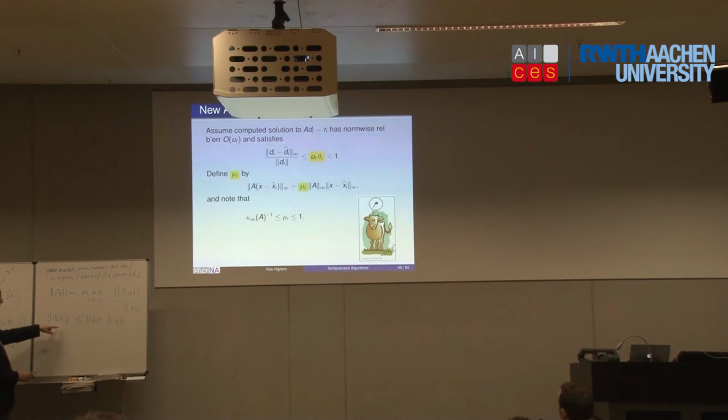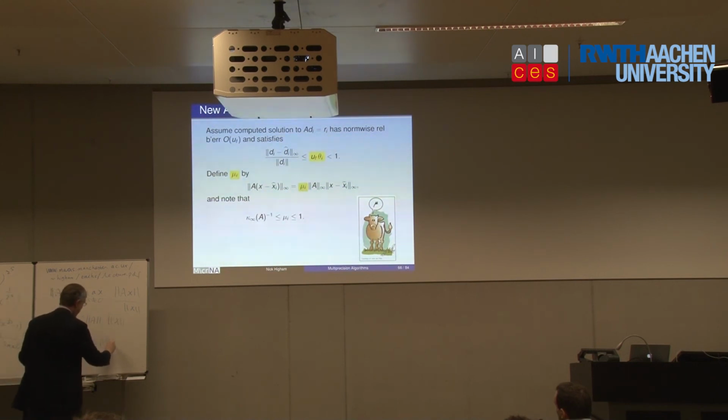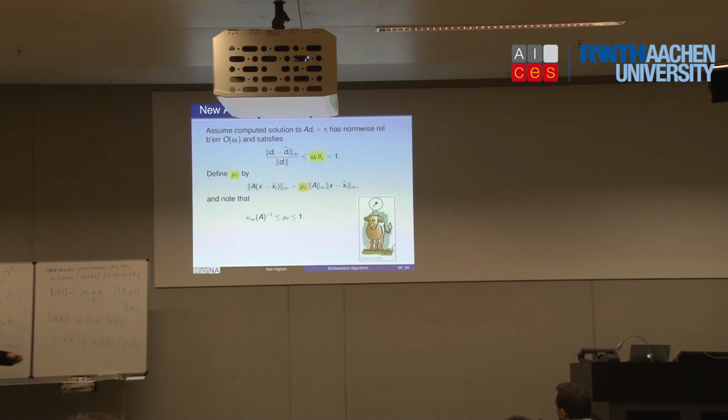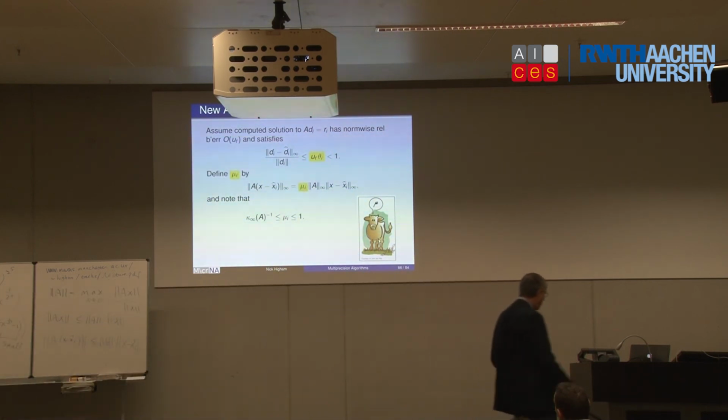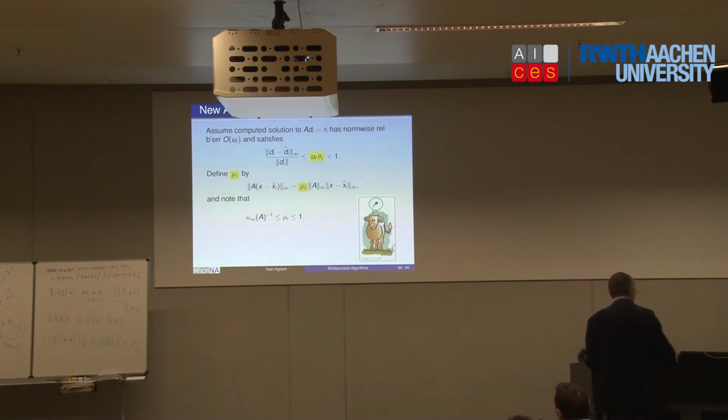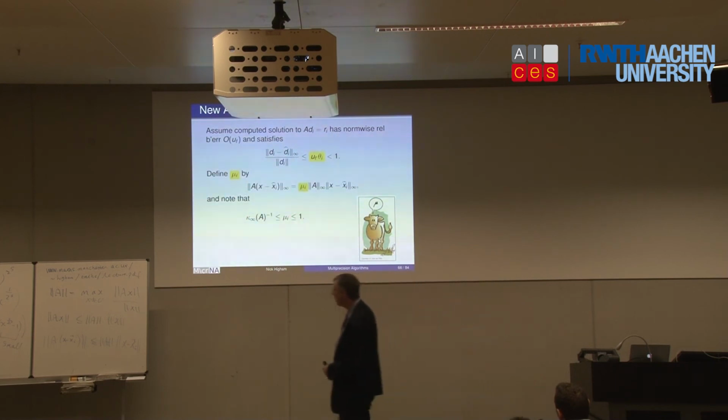So let me replace x by x minus x_i hat, where x_i hat is the computed iterate from iterative refinement. It's an obvious inequality that you would just use without thinking, and I in particular have used that inequality many times in the past. But the point about this work is that we realized this can be a very weak inequality.